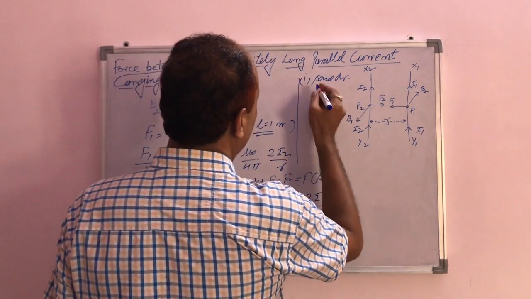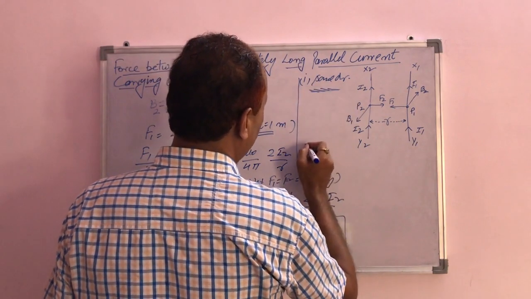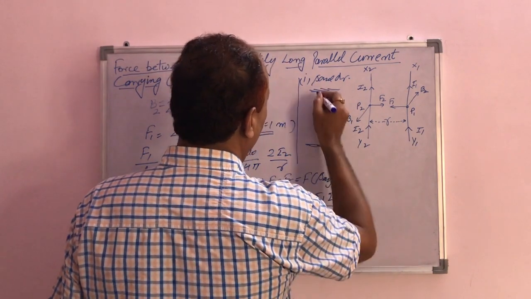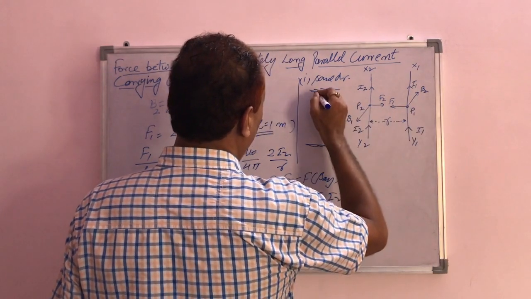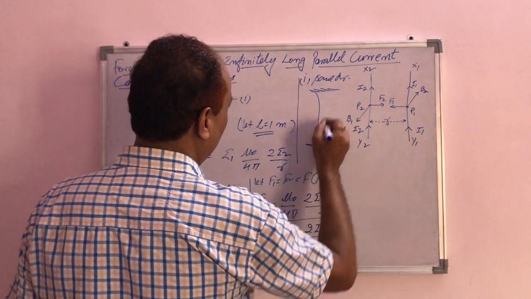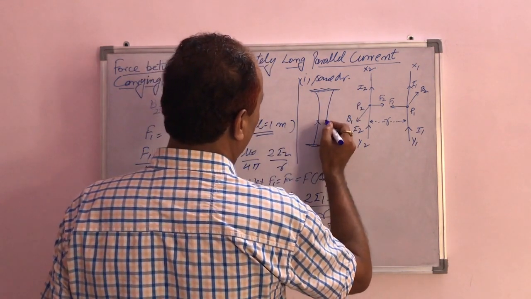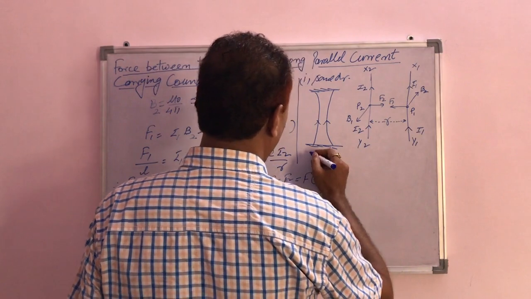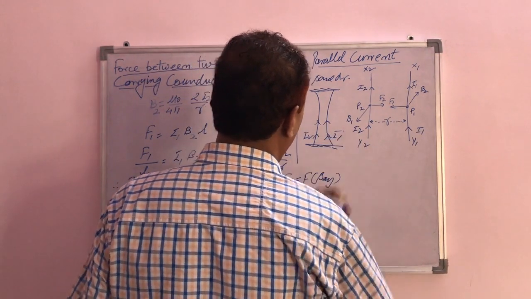Therefore, if the two wires are bound with supports, the force will act between them and the shape of the wire will be like this. So they are attracted to each other when I2 and I1 currents are flowing in the same direction.